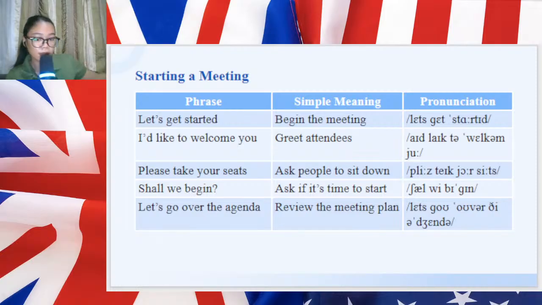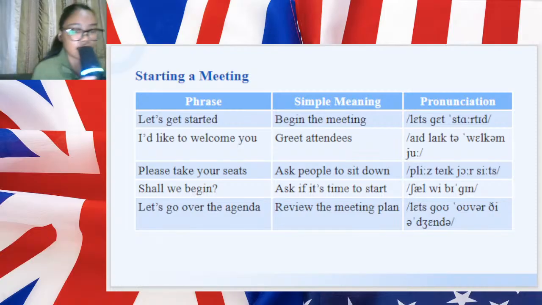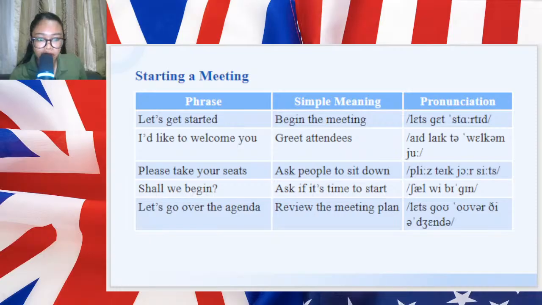But yes, this phrase, let's get started. This is direct, this is informal, it is also efficient in a way, and it assumes readiness. You usually do this in internal team meetings where a more relaxed atmosphere prevails, or when the meeting has a clear agenda and everyone is expected to be familiar with it, or other kinds of specific scenarios.